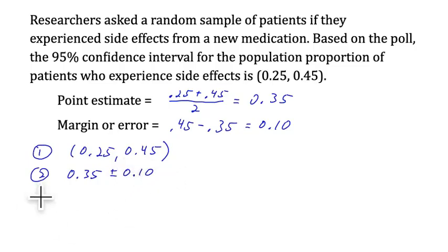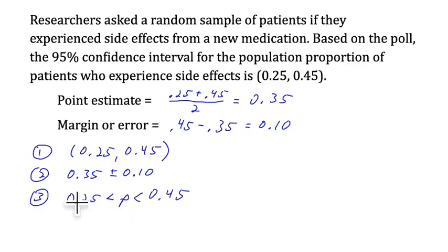Now we could use inequality symbols to say that the true proportion P lies in between 0.25 and 0.45, or 0.25 is less than P, which is less than 0.45. And this P stands for the true population proportion, which is unknown.